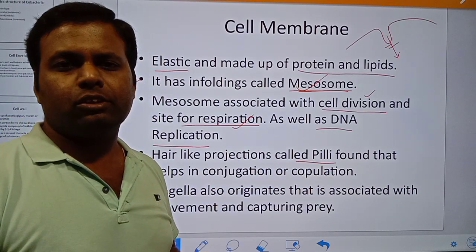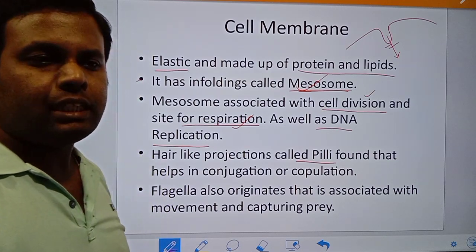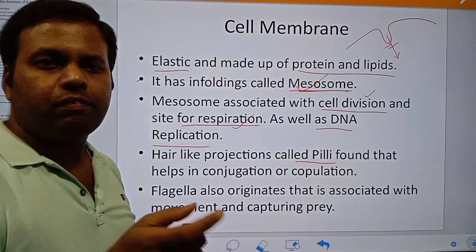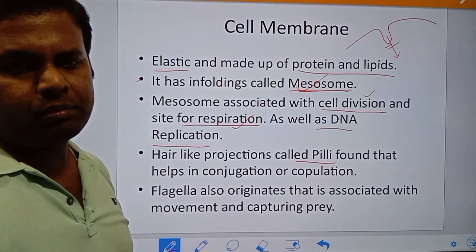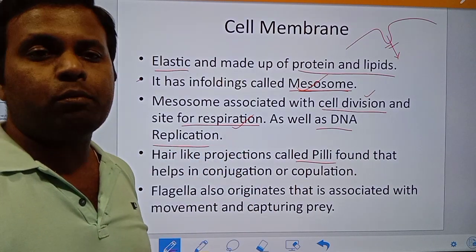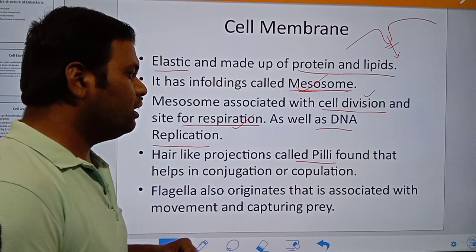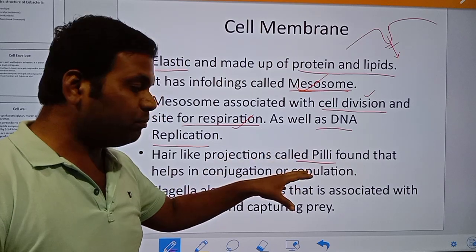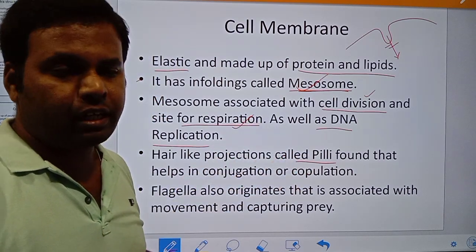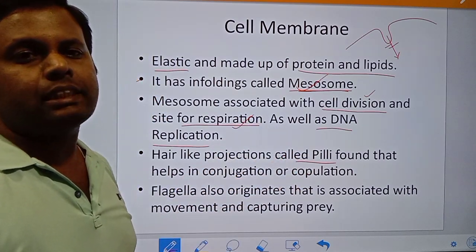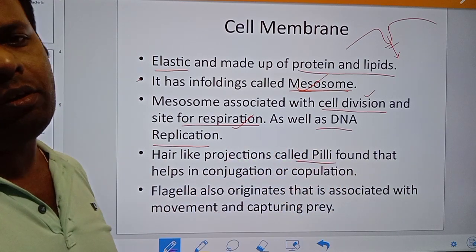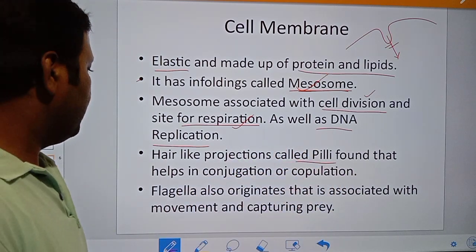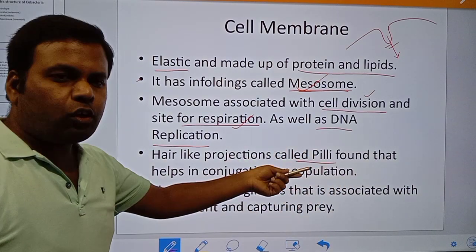That's why they are also called sex pili, through which there can be transfer of genetic material. So genetic recombination also takes place through this pili. Sex pili are associated with sexual reproduction or copulation between two bacterial cells. It also helps in conjugation.